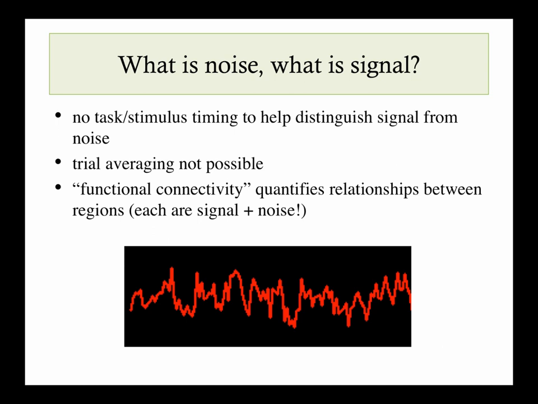That's a bit different from taking our standard task analyses where we're comparing our data to a noise-free activation regressor. And so this can create more danger in drawing the wrong conclusions about brain networks, especially if we don't treat artifacts like from physiological noise or head motion.